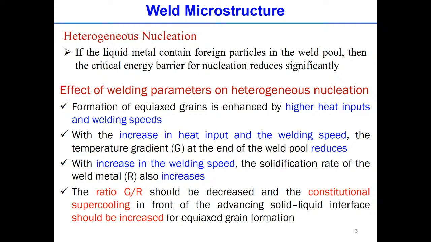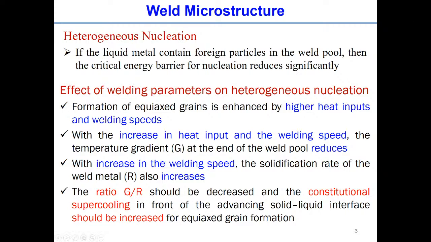If we follow very high heat input and very high welding speed, these two conditions promote the equiaxed structure. If you ask why, it is because with the increase in heat input and welding speed, the temperature gradient at the end of the weld pool reduces. With the increase of both heat input and welding speed, the temperature gradient at the end of the weld pool actually reduces.